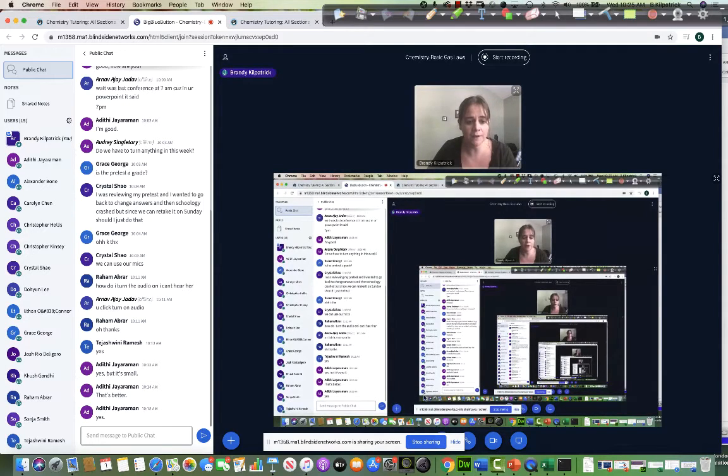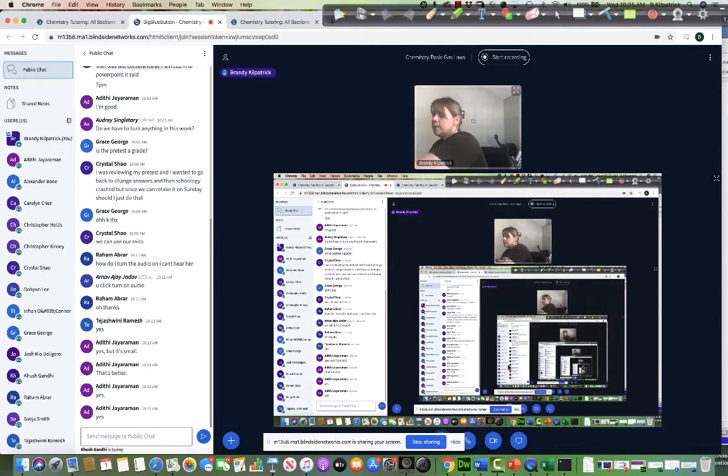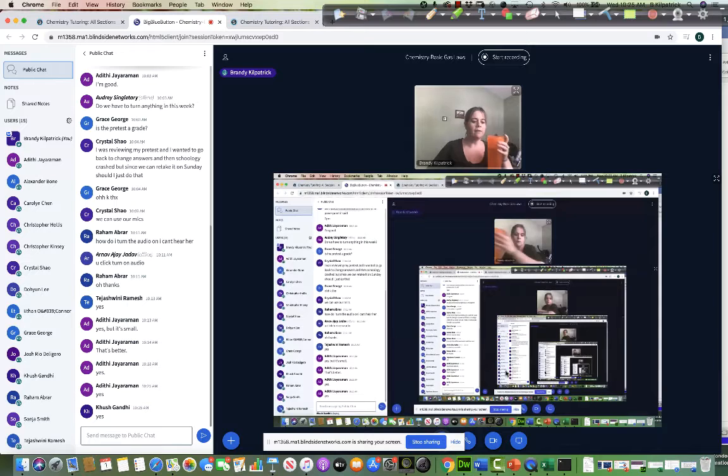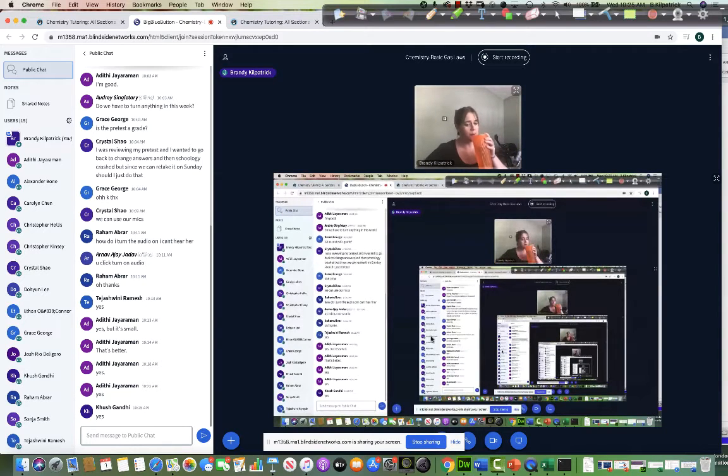Are you guys good with combined gas law? Do you remember how to do this now? I know it's been forever, and it's almost like you've never taken chemistry at this point.